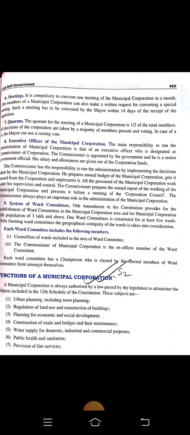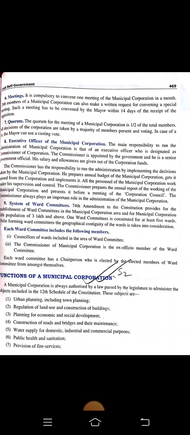Let us come to the functions. First is urban planning. In the 12th Schedule of the Constitution, the functions of the municipal corporation are included. First is urban planning, including town planning, that is regulating land use and construction of buildings, planning economic and social development, public health and sanitation, provision of fire services, construction of roads and bridges, and water supply for domestic, industrial and commercial purposes.